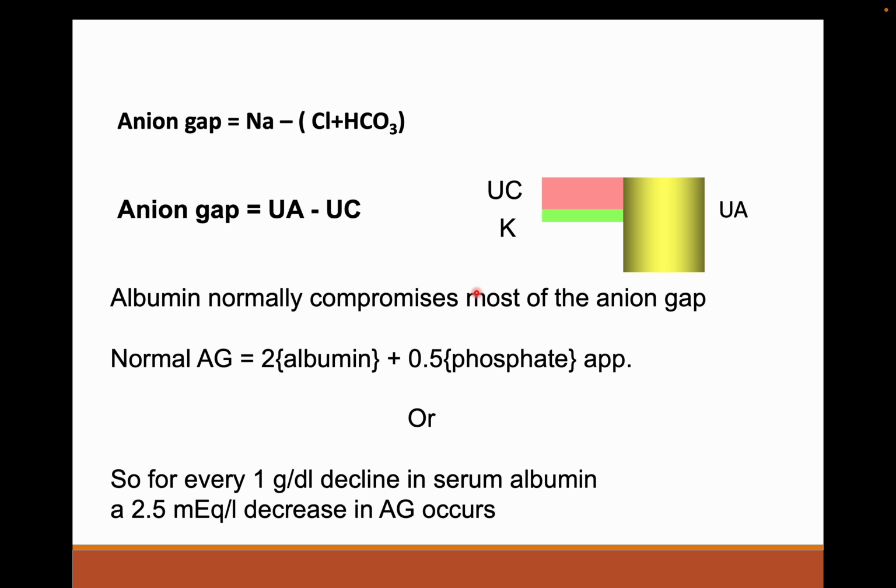This is also important. Albumin generally composes most of the anion gap. So for patients who are hypoalbuminemic, the anion gap will also decrease. For every 1 gram per deciliter decrease in albumin, you should take a 2.5 milliequivalent decrease in anion gap.